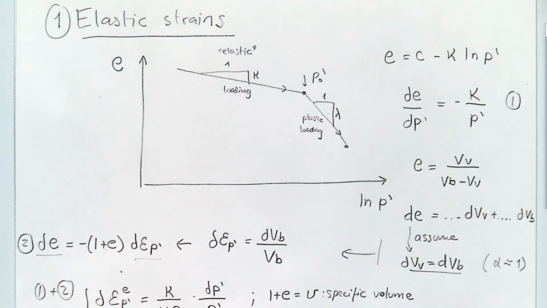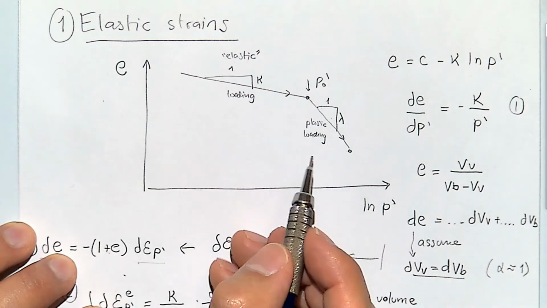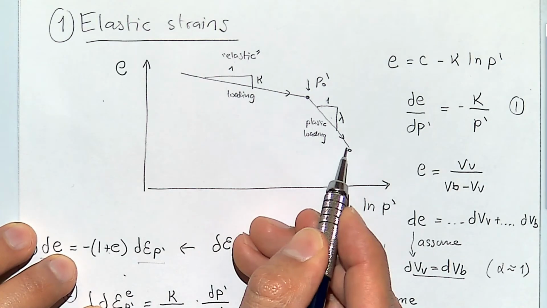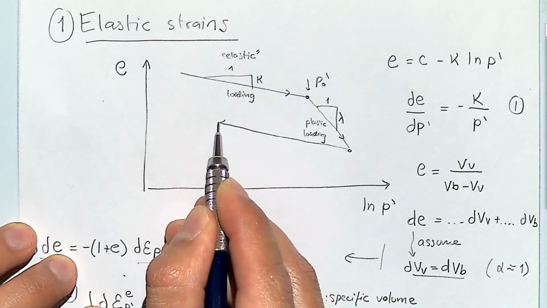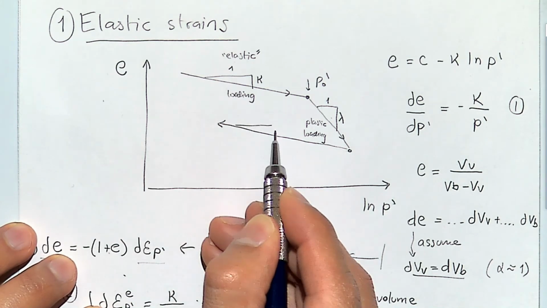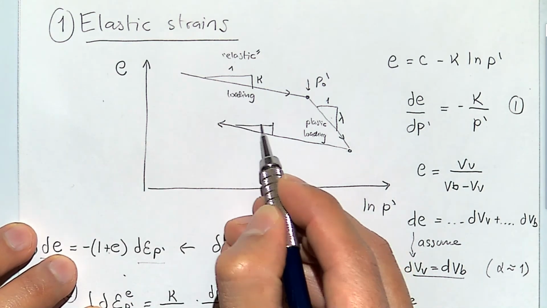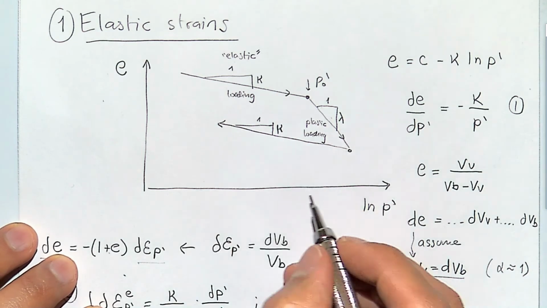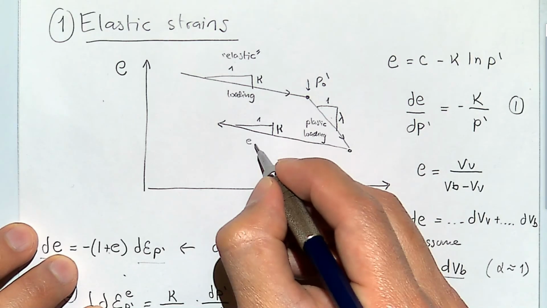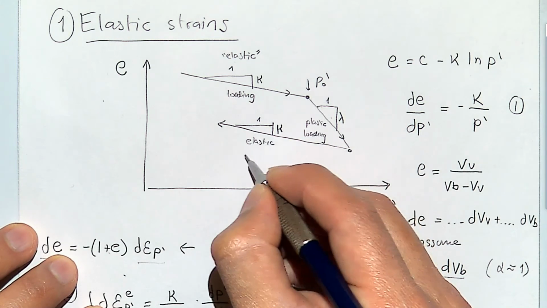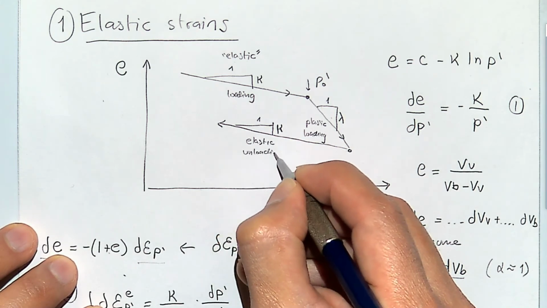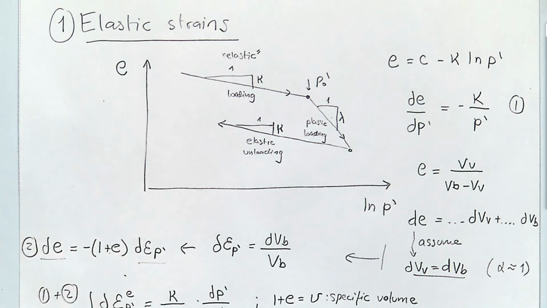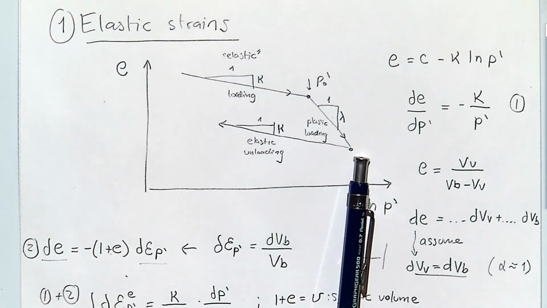And what we're going to assume is that when we do unloading, we come back at the same slope kappa. So this will be elastic unloading.